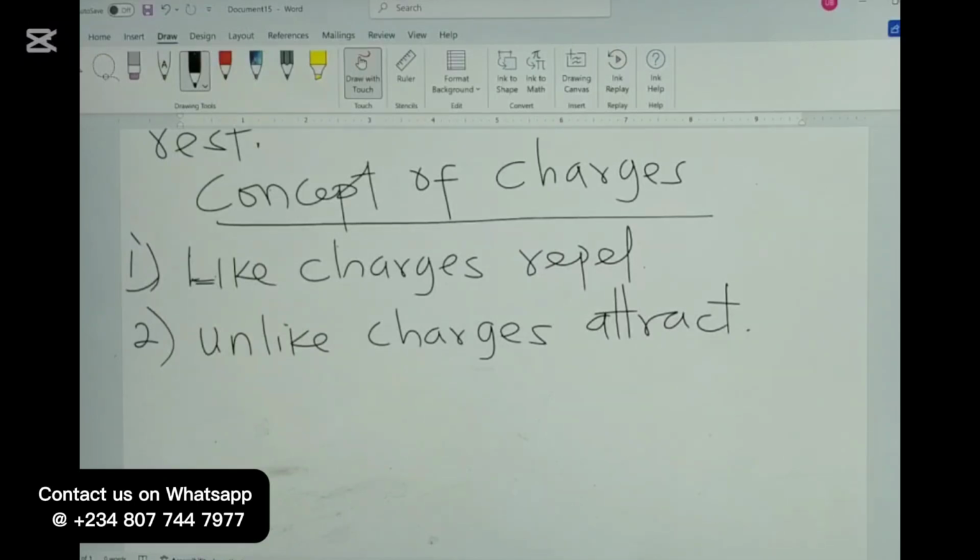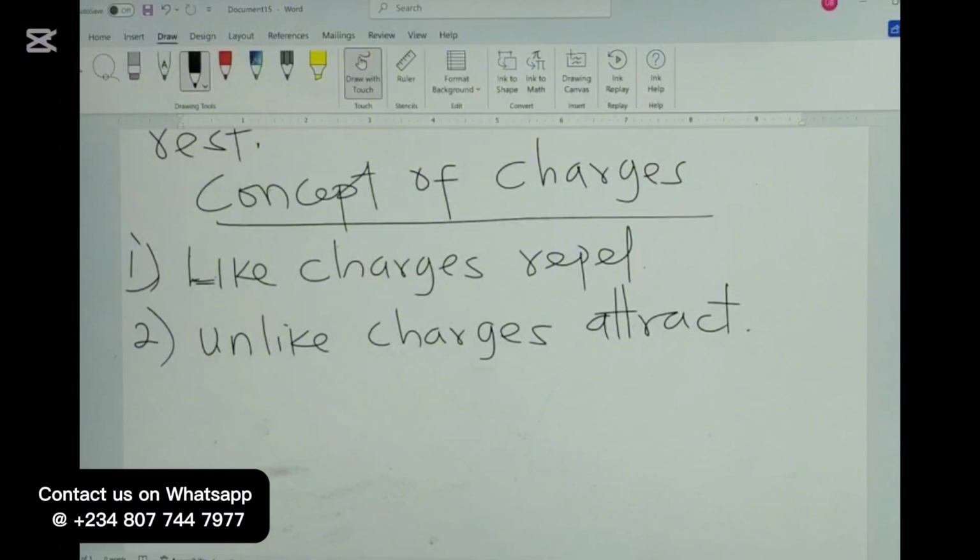We mentioned what electrostatics is and the concept of charges: like charges repel, unlike charges attract. But if I want to calculate electrostatic force, what law is responsible?